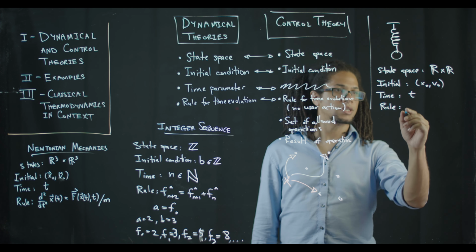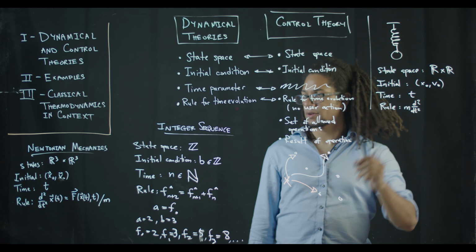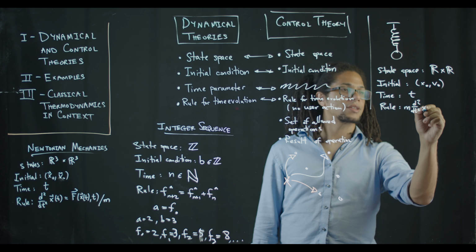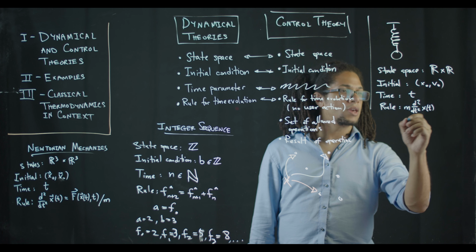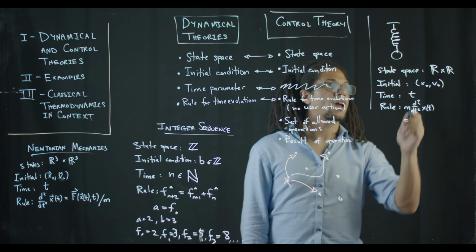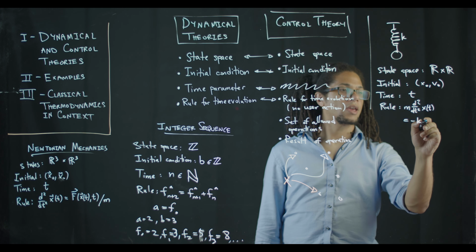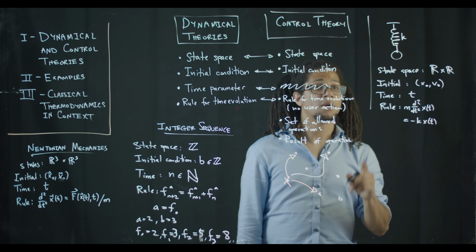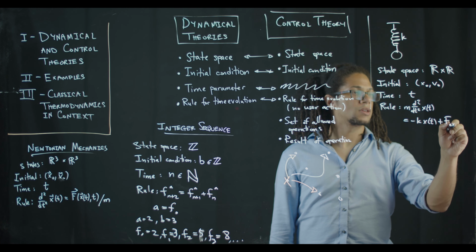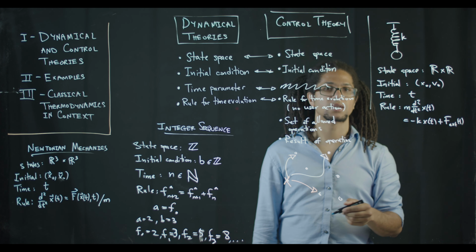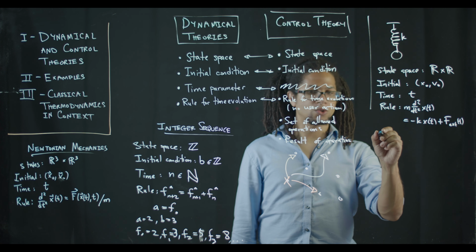And that rule in this case is, again, just m times the second derivative of x of t is equal to, well, now we have, if this has spring constant k, minus kx, but then plus whatever our external force is. So let's say that this depends on t, and that the user is getting to choose it. So now, what are the allowable user actions?